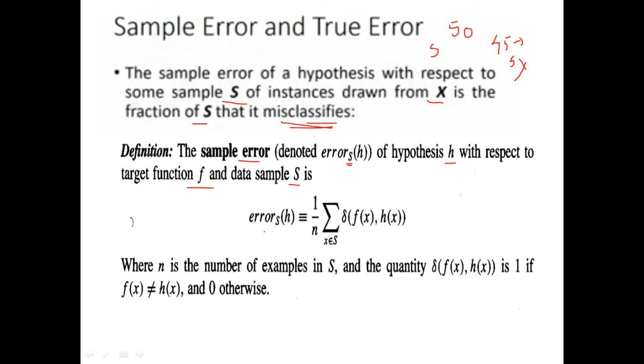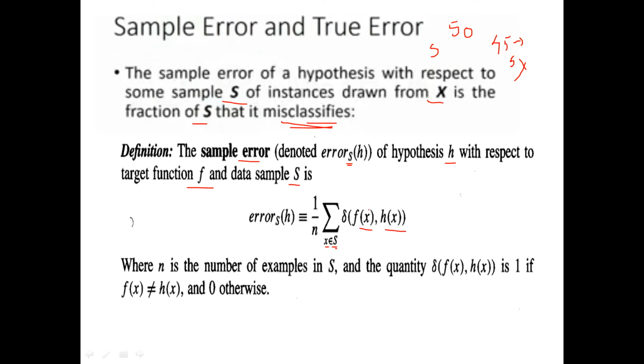So now this sample error, error subscript S of h, is equivalent to 1 divided by n, summation over all the instances belonging to your sample, right? It is the average of all differences between your target and the hypothesis, so it is delta of f of x comma h of x.